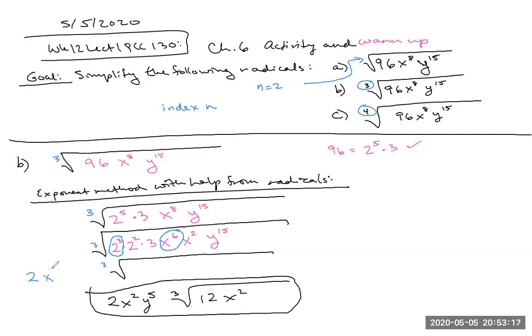That becomes the exponent for x. 15 is divisible by 3. 15 divided by 3 is 5, so that becomes the exponent for y. And then all the other stuff is left over. 2 to the 4th is 4, times 3 is 12. And then you have x squared here. So it still comes out the same way.